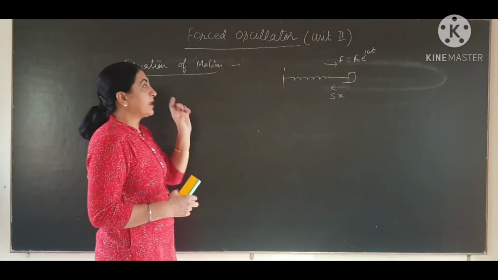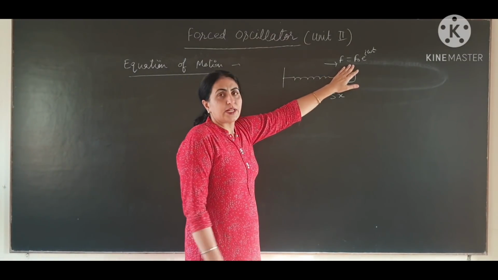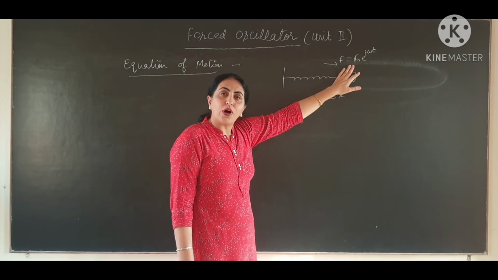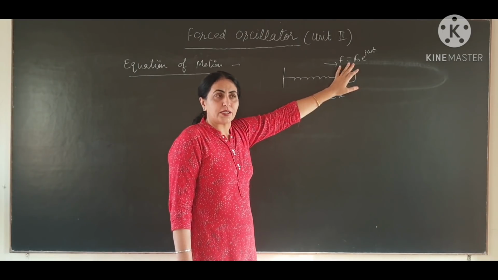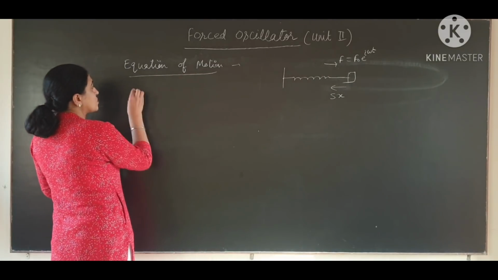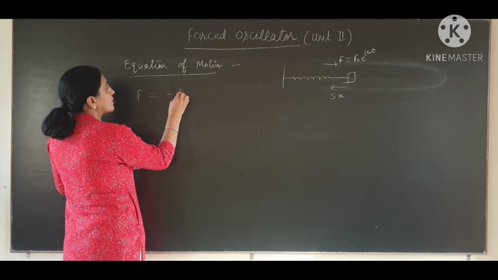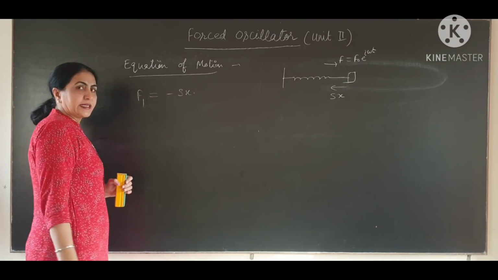Here there is one extra force, F is equal to F naught e raised to the power iota omega t. One force is the restoring force that we know: F1 is equal to minus Sx.